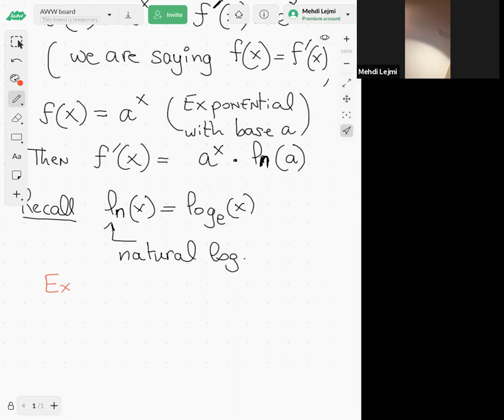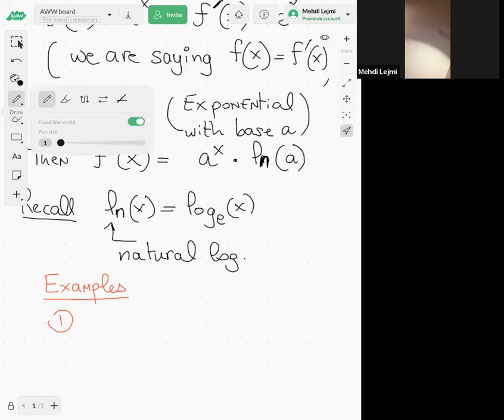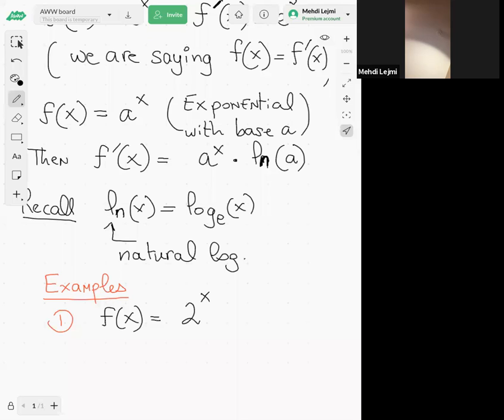So for example, let's say f of x is equal to 2 to the power x.